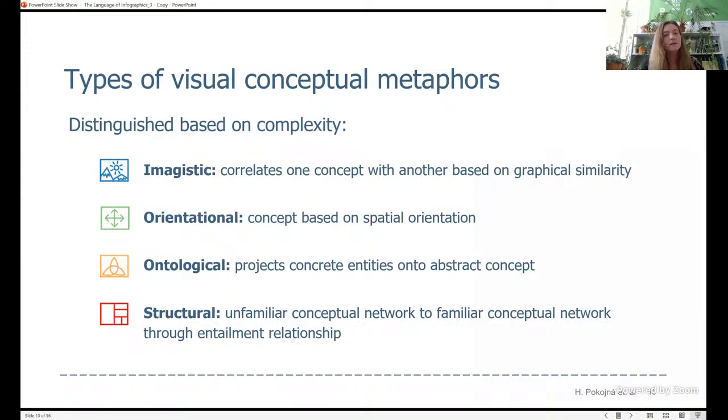We have more complex ontological metaphor, which takes something abstract and gives it borders or makes it more concrete. So you can, for example, quantify it. And then we have the most complex one, which is a structural metaphor, which takes unfamiliar conceptual networks and helps explain it through another familiar conceptual network through entailment relationship.